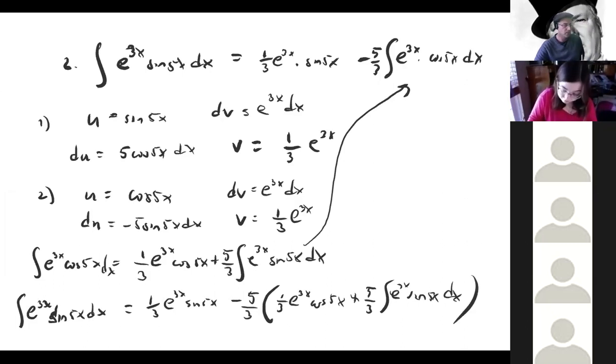Okay, so that's all very well and good so far, but now I want to bring this term that appears on this side over to the left side because it's a like term. In order for me to do that, I'm going to have to erase a portion of the screen to make more room. So I'm going to save this slide first.